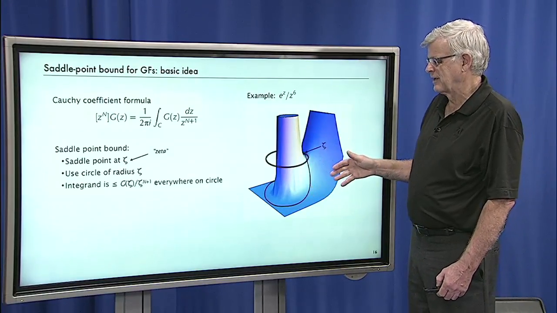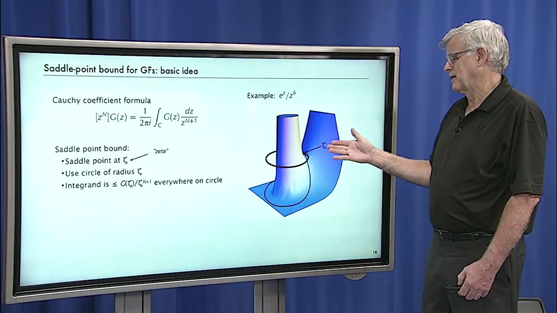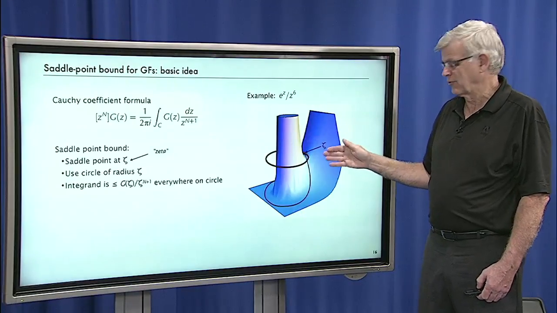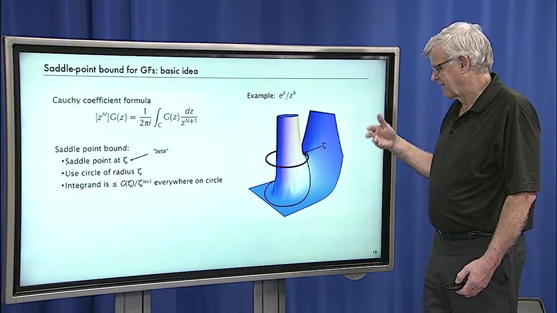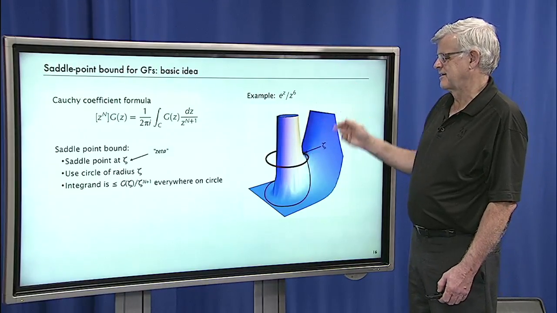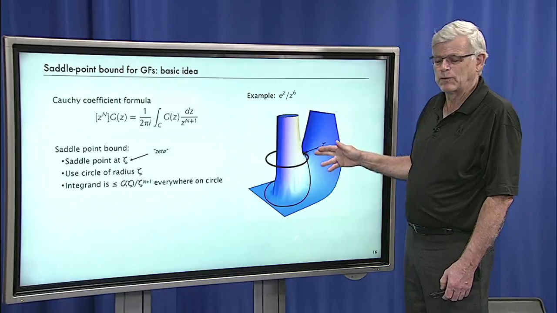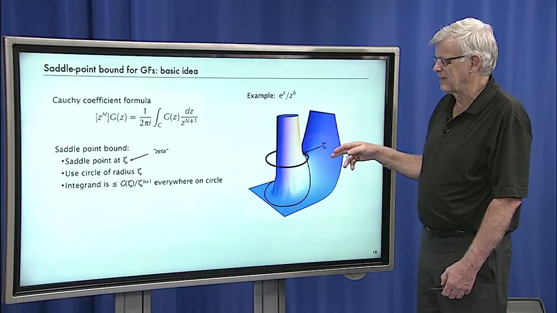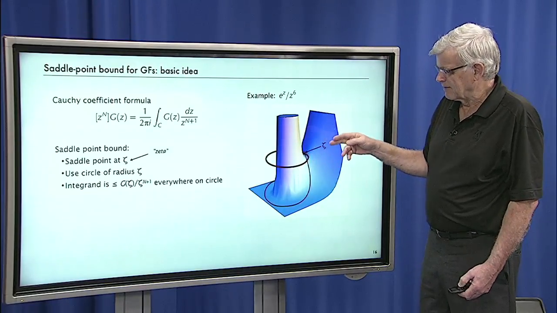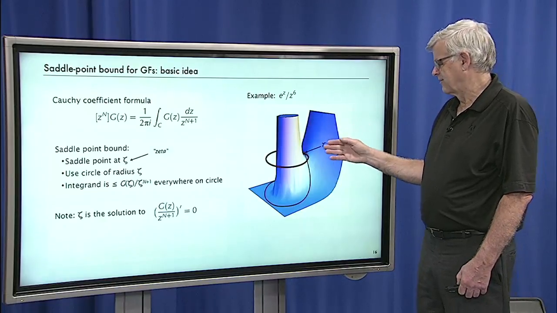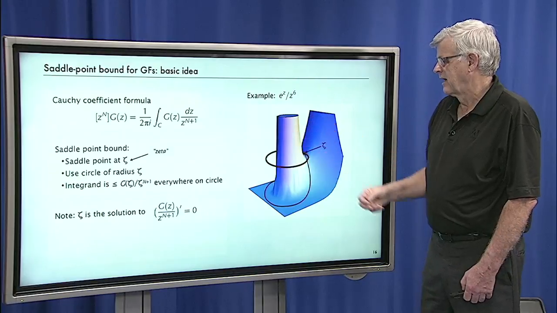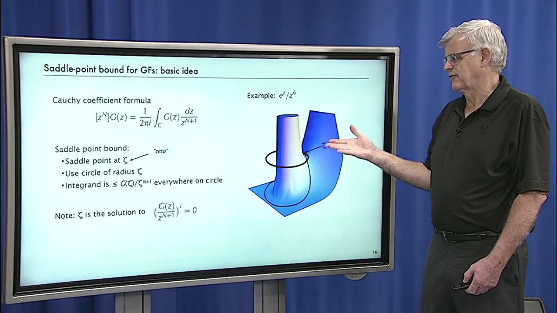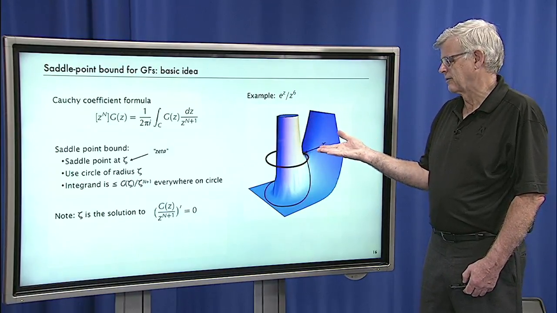But even so, if we just take the highest point of the circle, which is the saddle point, the integrand is going to be less than the value of the function evaluated at zeta everywhere on that circle. So then the value of the integral is just going to be as if we had that constant, and that'll give us a very strong bound.